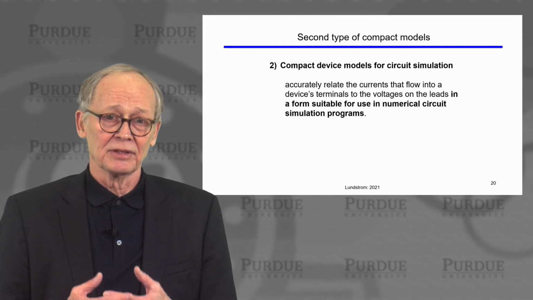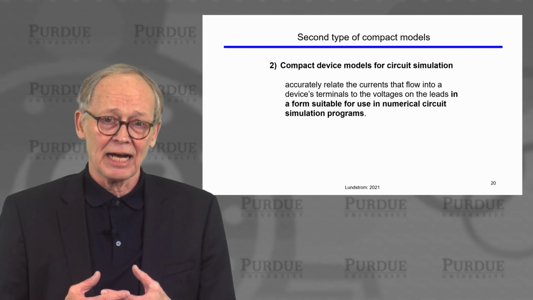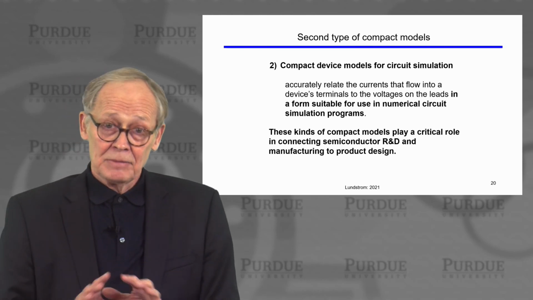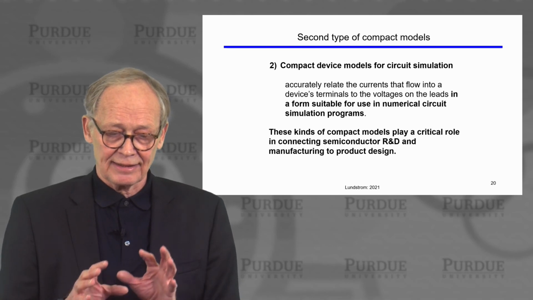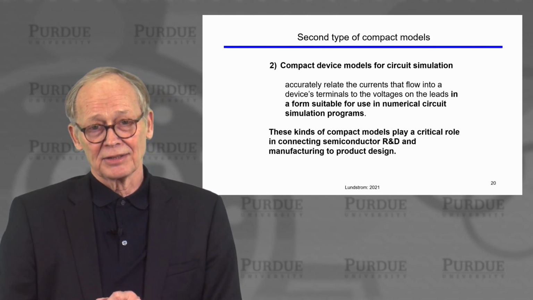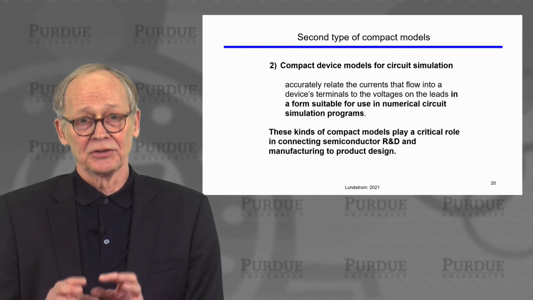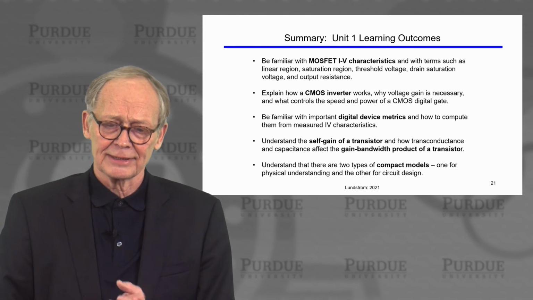Our focus will be on the simpler models to gain physical insight into the operation of the transistors. But these more sophisticated circuit design models, they are really the connection between the semiconductor manufacturing line and the circuit designers and the product design. So they play an extremely important role for us.